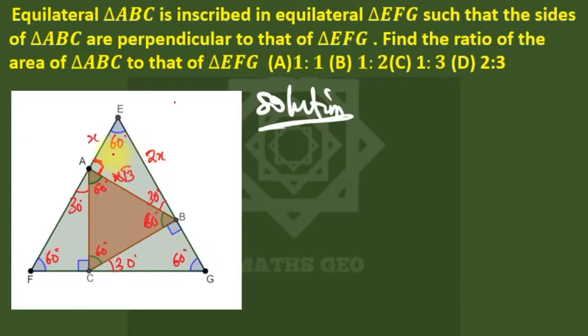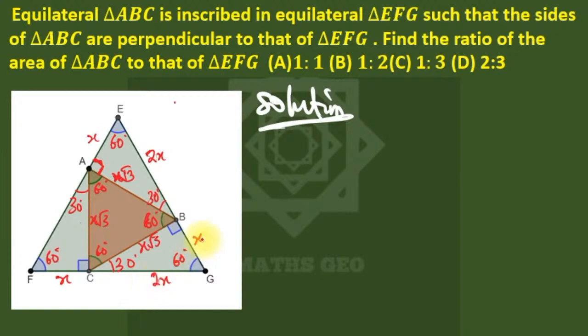So if the one opposite 30 is x, the one opposite 60 will be x times root 3, while the one opposite 90 is 2 times x. By that same logic, this is now x root 3, this is x root 3, making here to be x. This is x root 3, since it is an equilateral triangle, this is 2x, this is x.